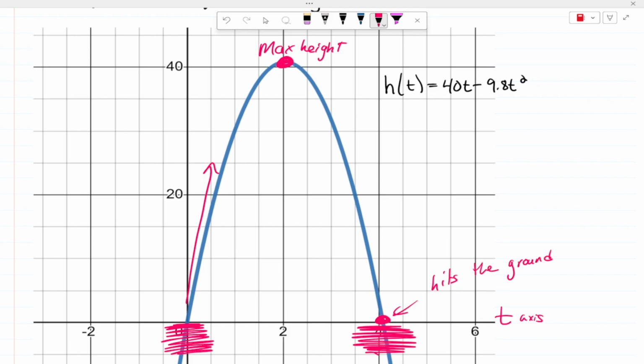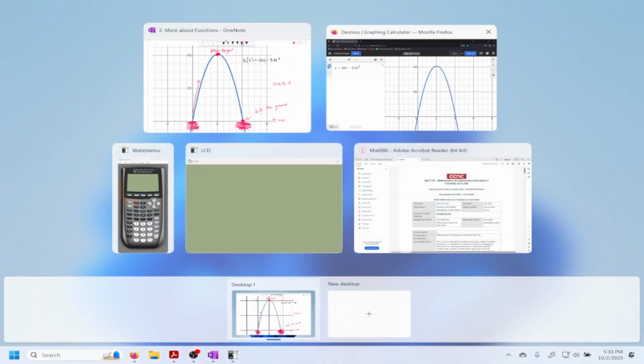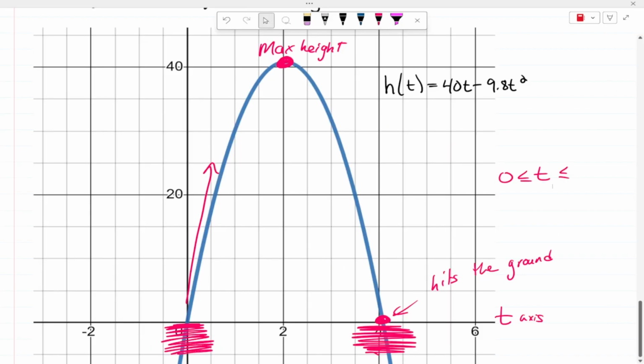So for me, my restricted domain here is going to be in between. So I'm going to allow t to be in between 0 and, I have to go back to Desmos real fast because I forgot to do this. That's okay, we'll live. So it's going to be in between 0 and 4.082.